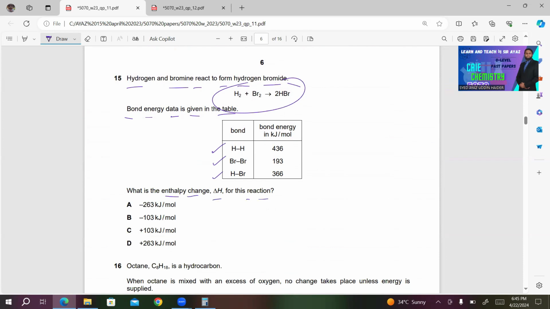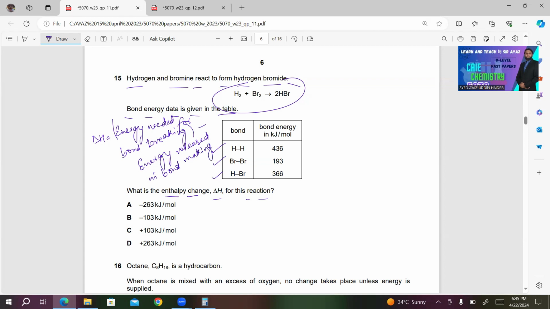You know the formula for delta H. Energy needed for bond breaking minus energy released in bond making. So what do you have?